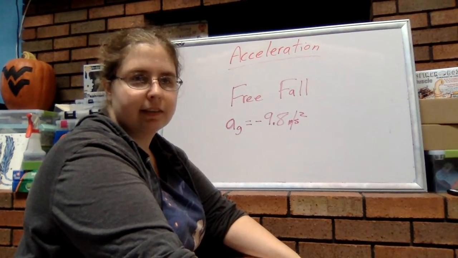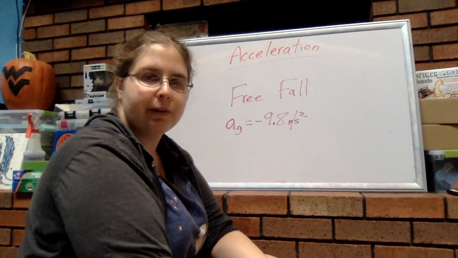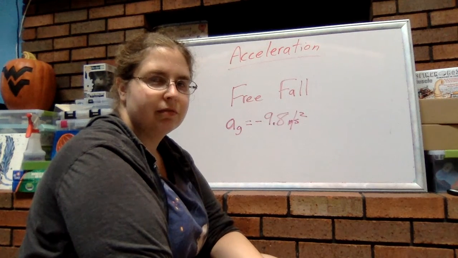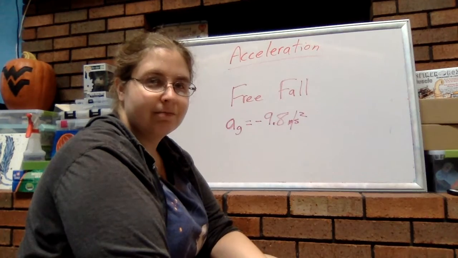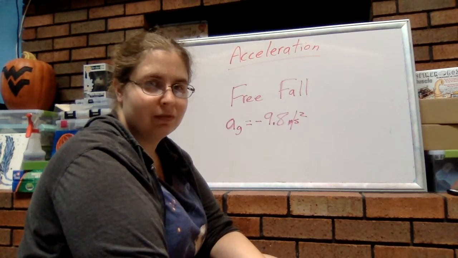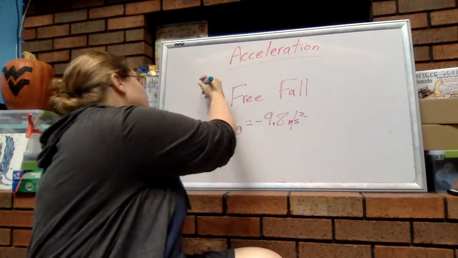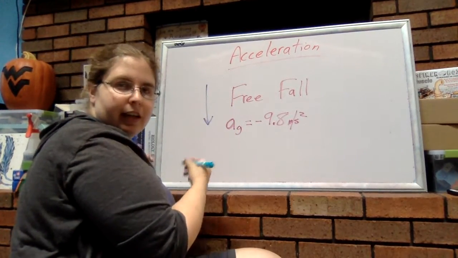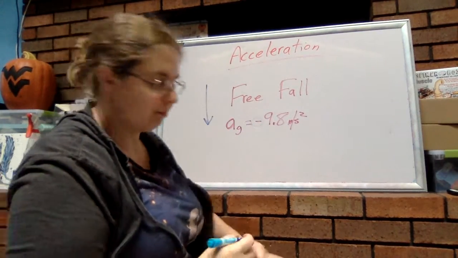Why is that? Well, think about the way gravity pulls. Which direction does gravity pull an object? Does it pull it up? Does it pull it to the right? Does it pull it left? Or does it pull it down? It pulls it down. So since gravity is pulling the object down, it's experiencing the negative acceleration.